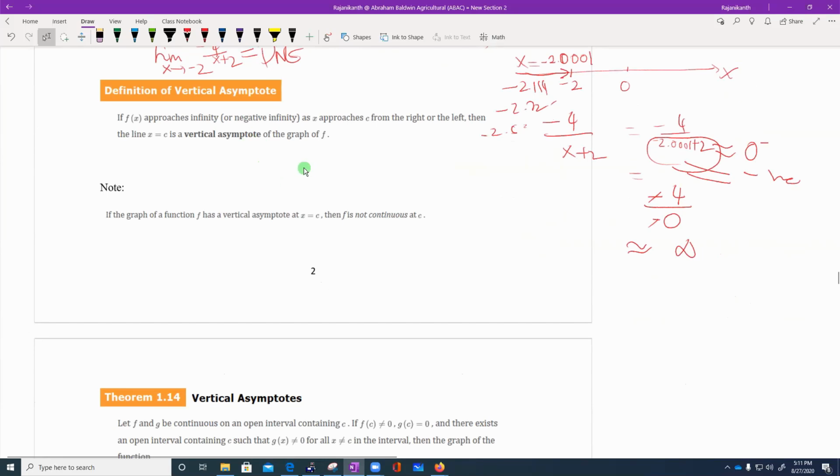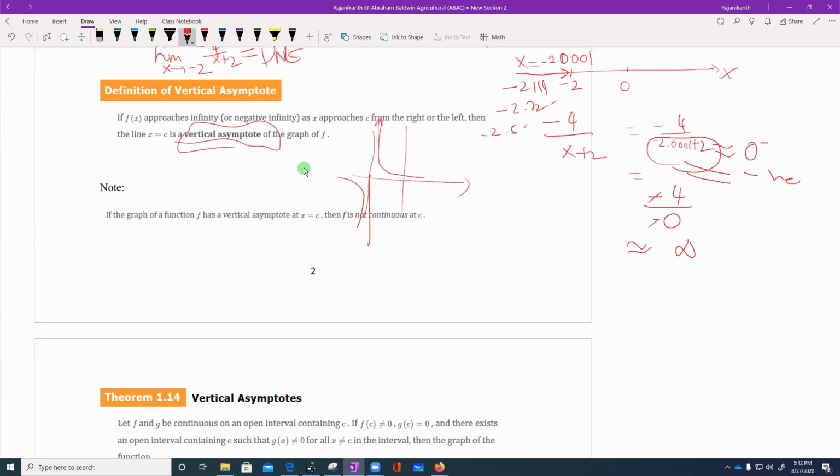Now, do you remember the vertical asymptotes? Have you studied this before? Yes, sir. Yes, you might have seen this in pre-calc, right? Vertical asymptotes mean what? If you draw a graph, the graph never touches that vertical line. It should approach along that. It cannot cross that line. If you draw a picture, the picture should be like this.